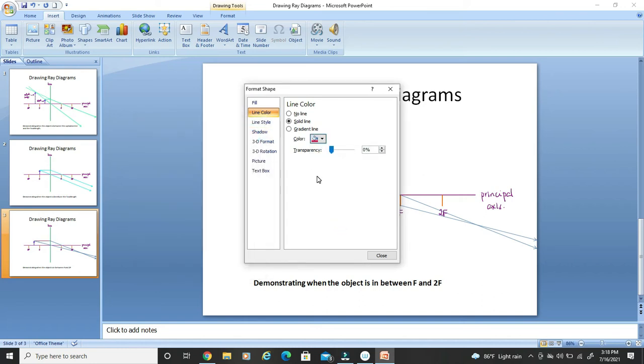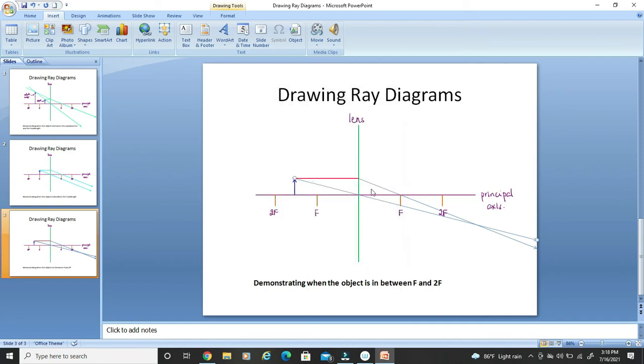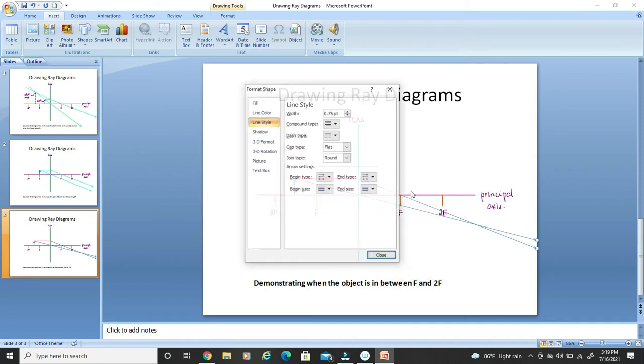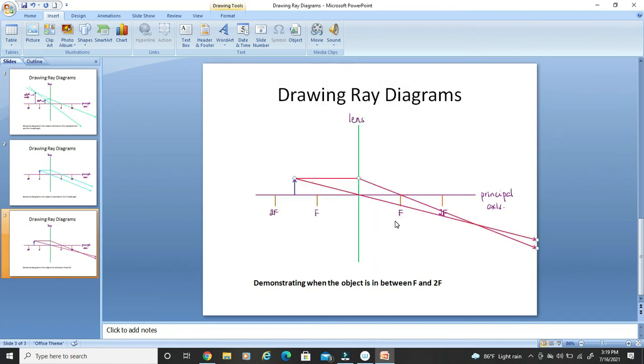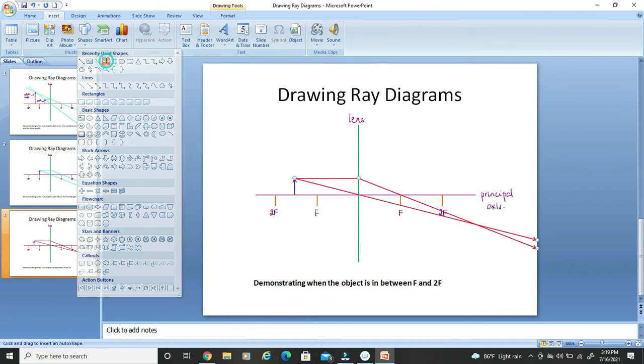And this tells us that the image that is formed is on the right hand side of the lens.